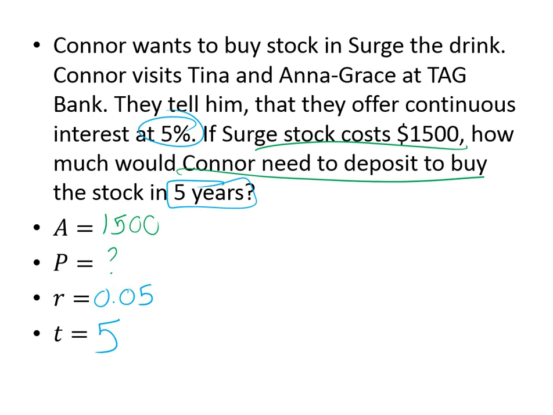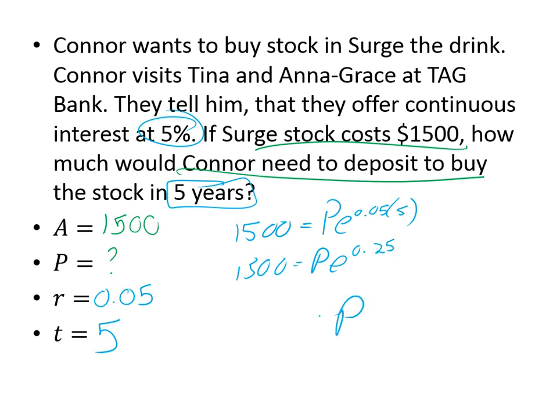So when we set up this problem, we would have 1,500 is equal to P e to the 0.05 times 5. So when we set this up and solve it, it'd be 1,500 equals P e to the 0.25. Solving for P means that we're going to have P is equal to 1,500 all over e to the 0.25.